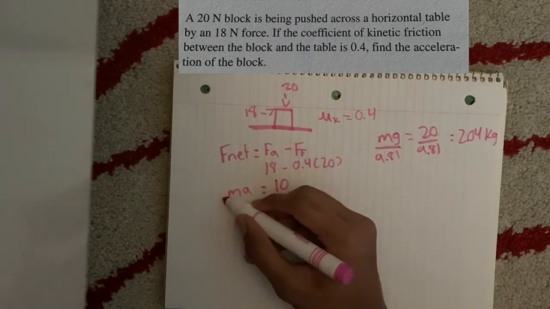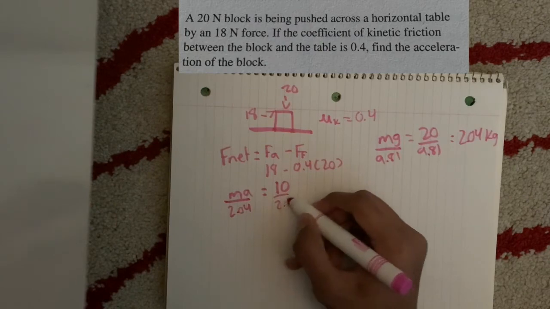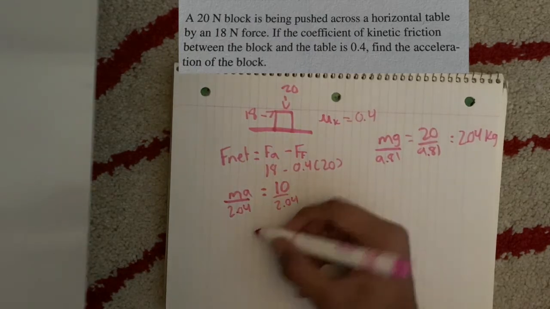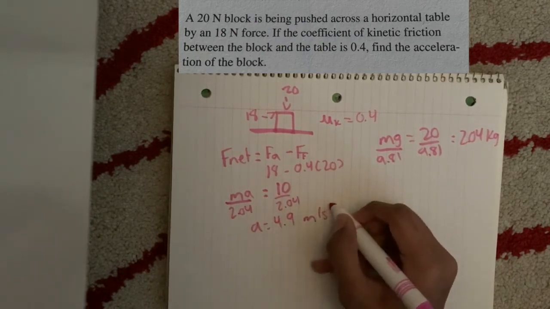And yeah, then we just divide both sides by the mass to get the acceleration. And the acceleration is about 4.9 meters per second squared.